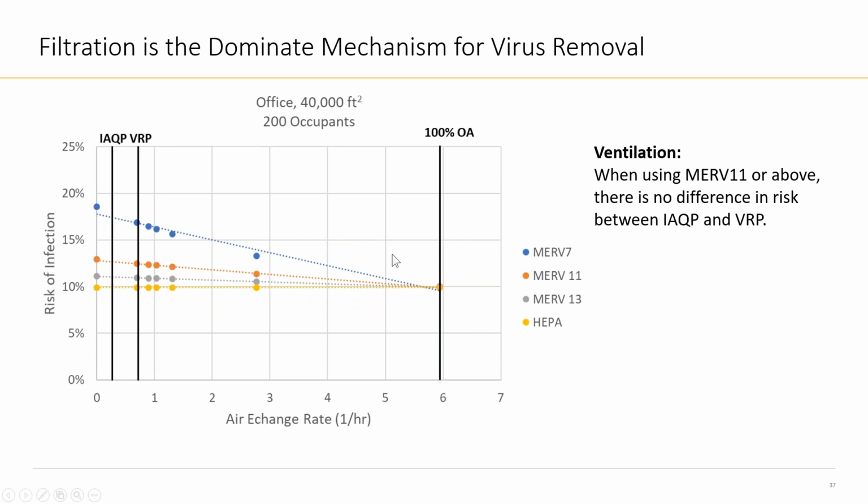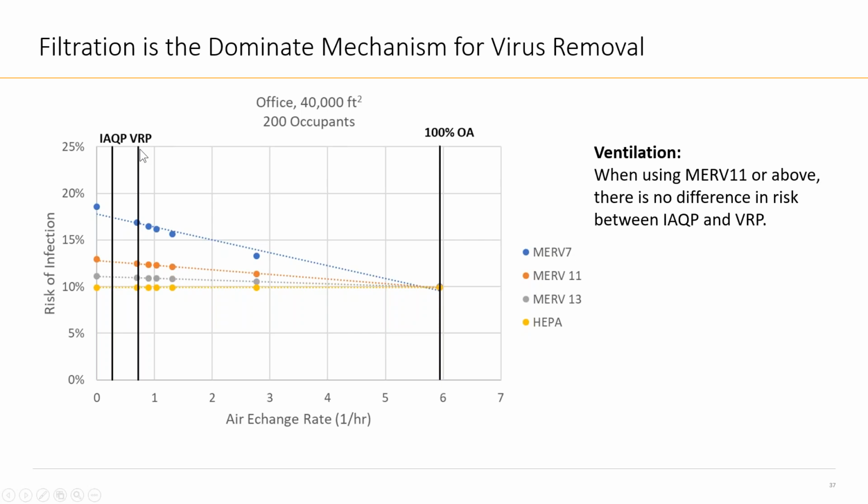To give you an example of exactly what I'm talking about: an office building, 40,000 square feet, 200 occupants. An air exchange rate of 6, which is basically cubic meters per hour divided by the volume of the building, means 100% outside air is your total supply. So we're talking about 40,000 CFM, give or take.